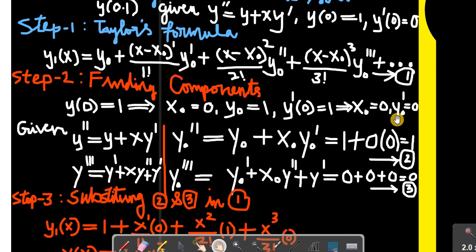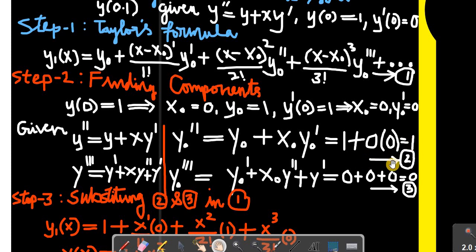Am I correct? So that value we are substituting here. So what we are getting is 1 plus 0 into 0, 0. I will get 1.